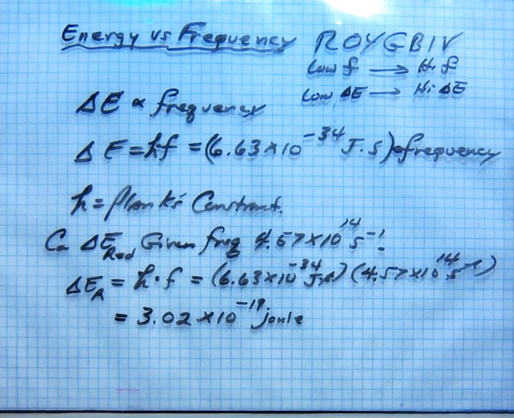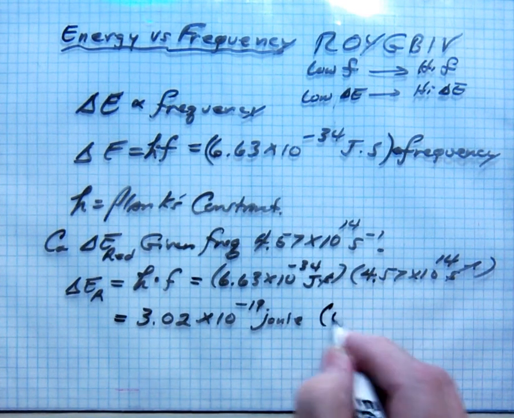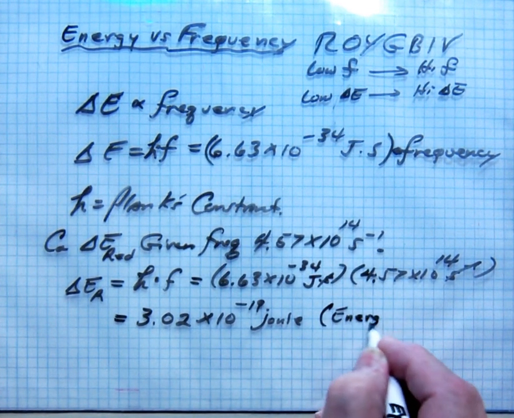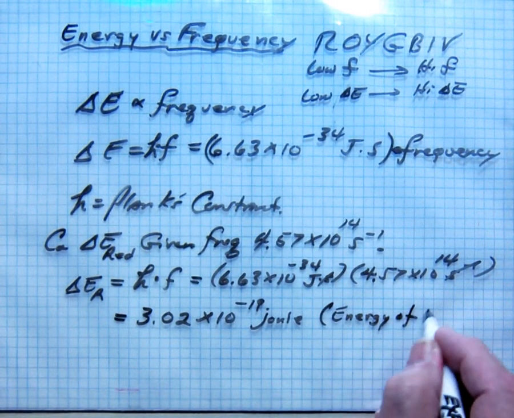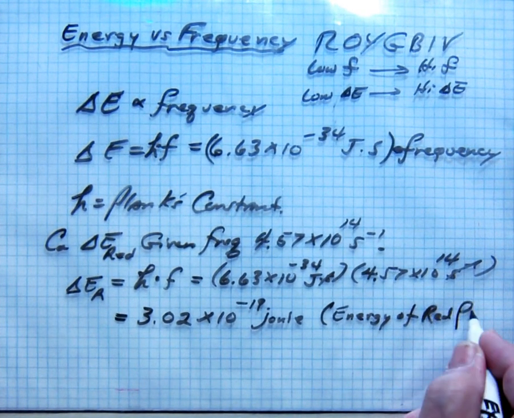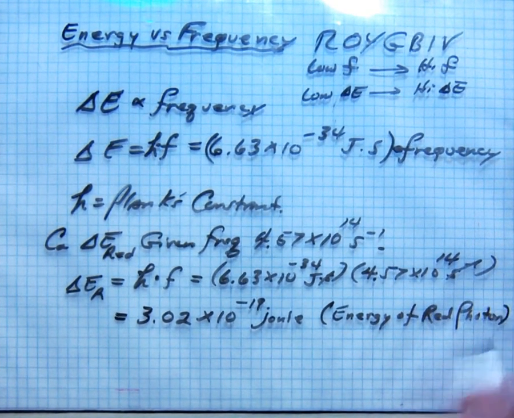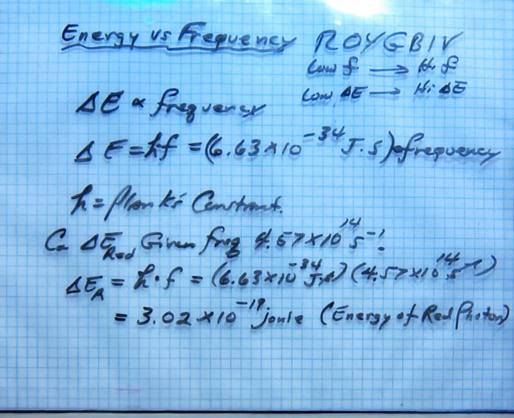3.02 times 10 to the minus 19th of a joule. That ain't much. That's one photon. What is the energy of 1 mole of photons? How would you do that? Well, if you got that number, you multiply it by Avogadro's number, right? Everybody okay on that?